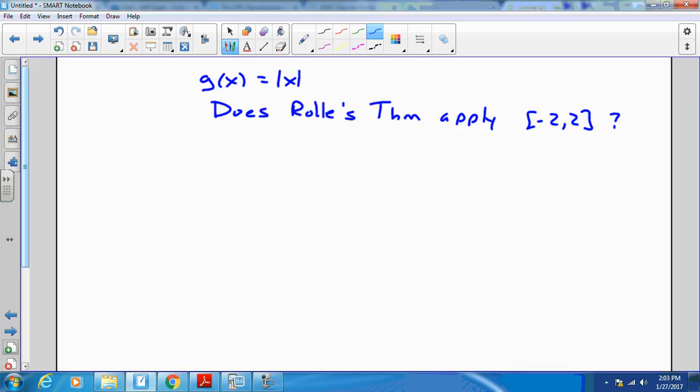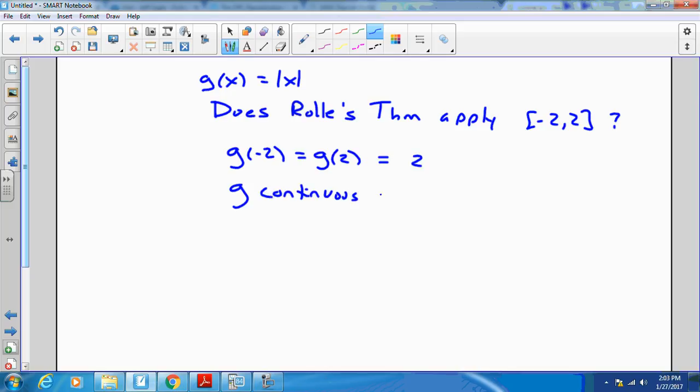Does Rolle's theorem apply on the interval -2 to 2? Well, let's walk through and check. First condition. Does g of -2 equal g of 2? Yes. What value do they both have?